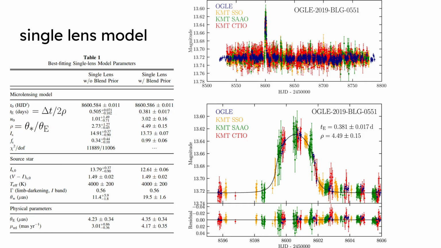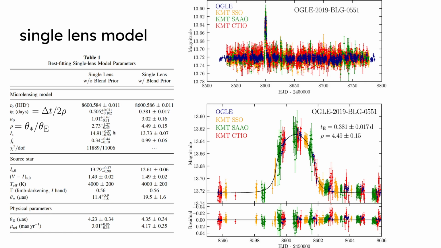So the thing is, when you deal with a high star density environment with not a very high resolution on your telescope, you might get a situation where your source star blends with some other stars, and only a portion of the baseline that you have is magnified, and that affects what the rho value would be in this case.